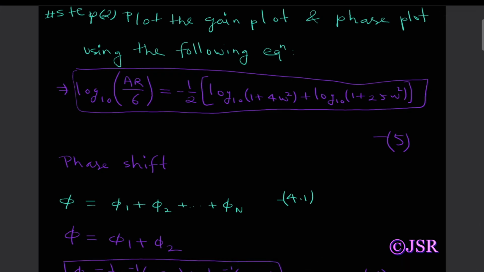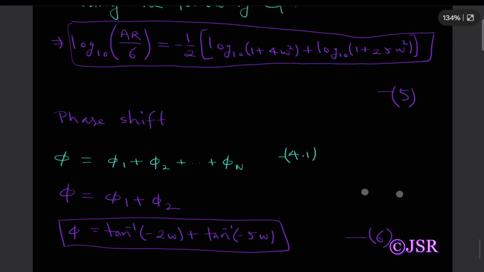So here we will plot the gain plot and the phase plot using the following equations. First we will use equation number 5 for the gain plot and equation number 6 for the phase plot.